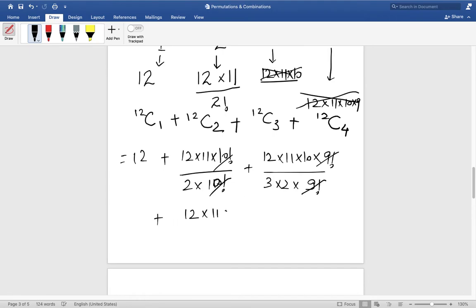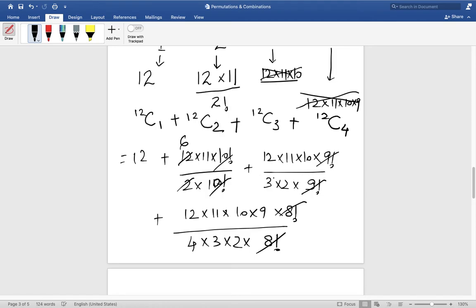Plus 12C4 is 12 into 11 into 10 into 9 into 8 factorial by 4 factorial, which is 4 times 3 times 2 times 1 times 8 factorial. So this will be cancelled. Now I'll cancel this here. 3 times 2 is 6. 6 times 2 is 12. 4 times 3 is 12. This will be cancelled. This will be 5.